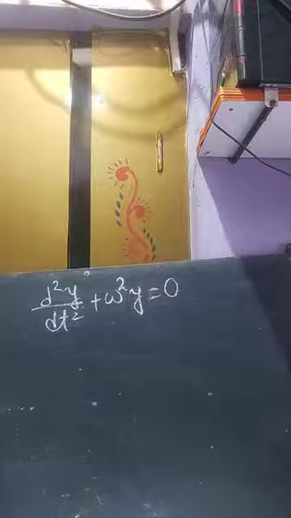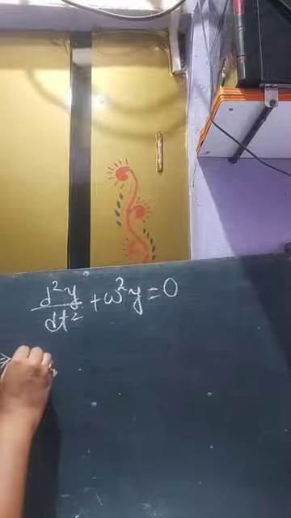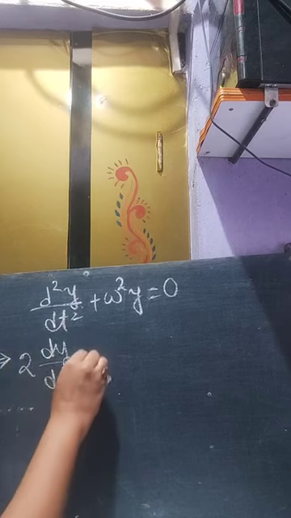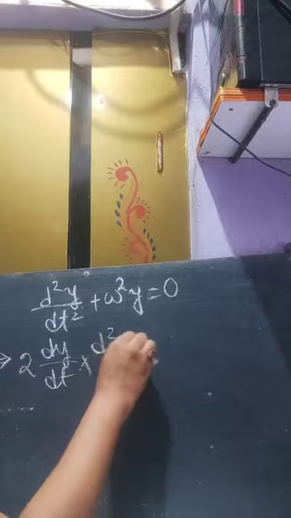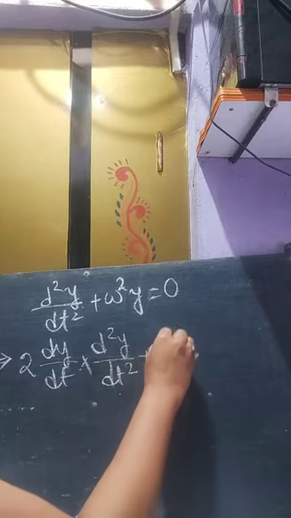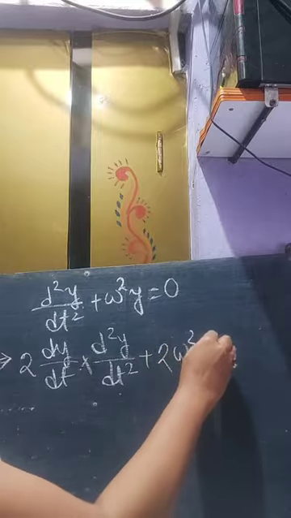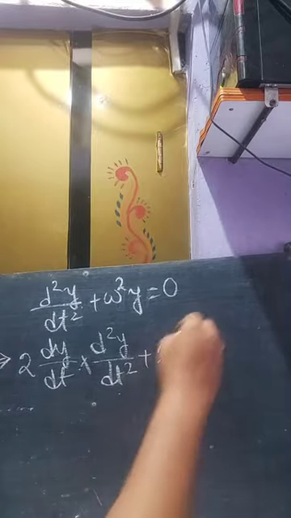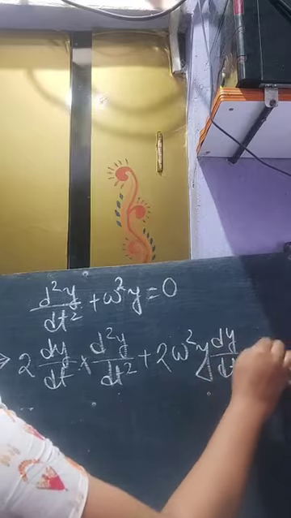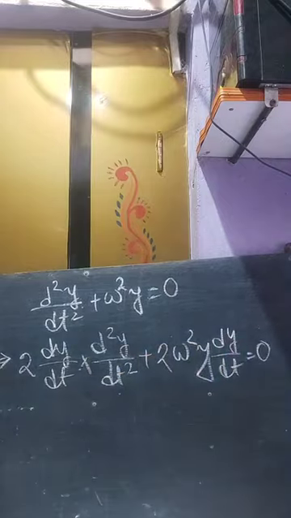So on multiplying by 2 dy/dt on both sides, that is equal to 0.